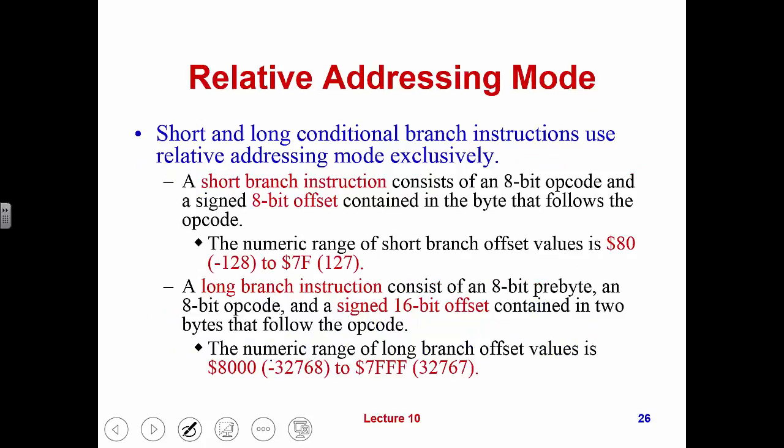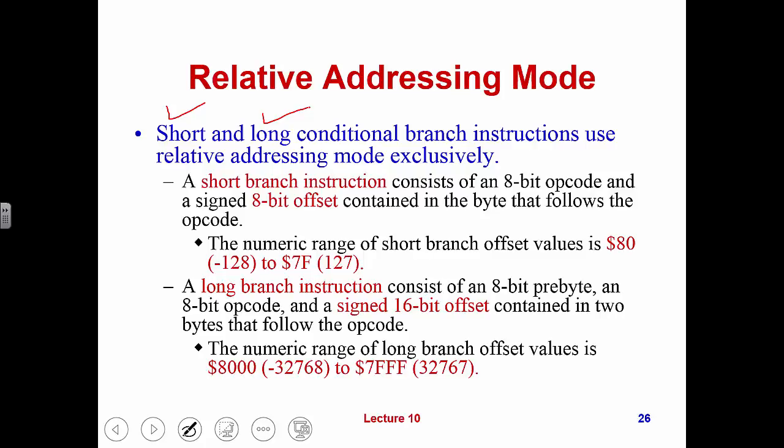Remember when we discussed the branch instructions, we have short branch, long branch, conditional branch, unconditional branch. I remember we had a very detailed, very good discussion. No matter whether it's short branch or long branch, they can all run in the relative address mode.